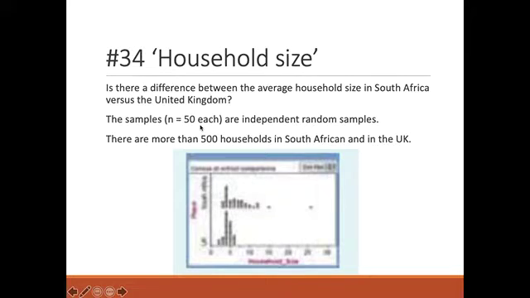They exceed 30. So for both samples, they're both large. The independence condition, the randomness condition, the normality condition, they are all met here for this question. So you could use a 2-sample T procedure here. You could do a 2-sample T test, or you could construct a 2-sample T interval.